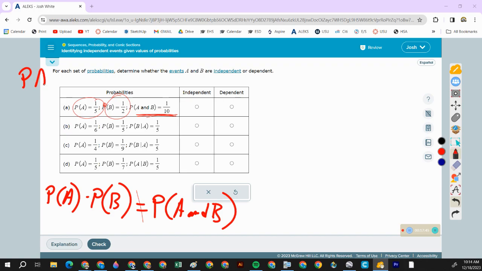So if the probability of A is equal to the probability of A given B, then they are independent.